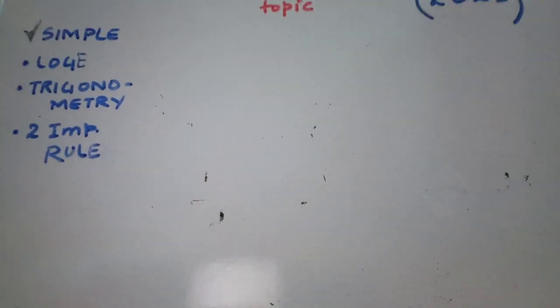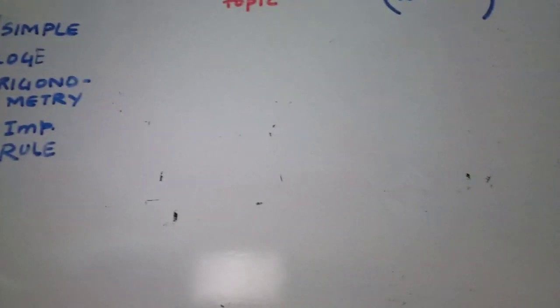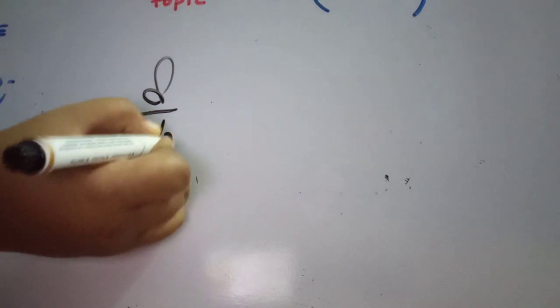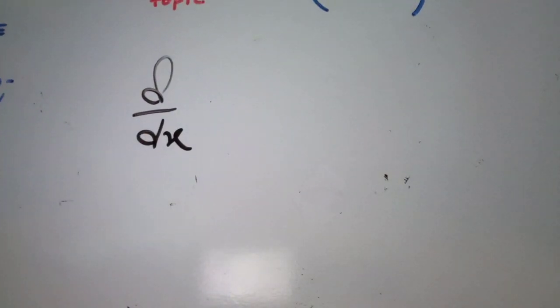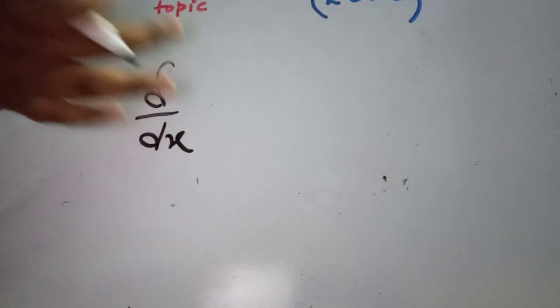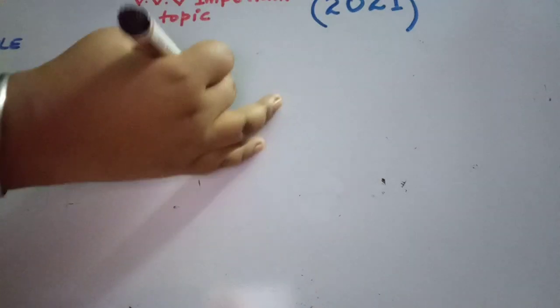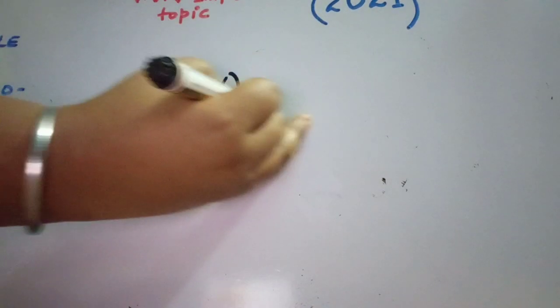Let's move further. The first formula here is d by dx of e to the power x.